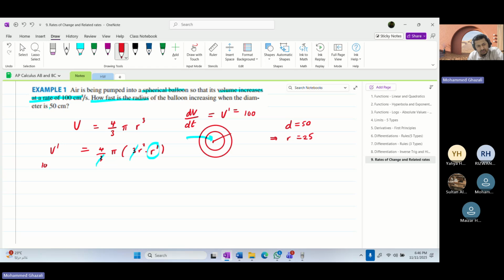That's 100, so we can fill in 100 here. On this side, we have 4 pi. What's r squared? r is 25. And that's r prime.